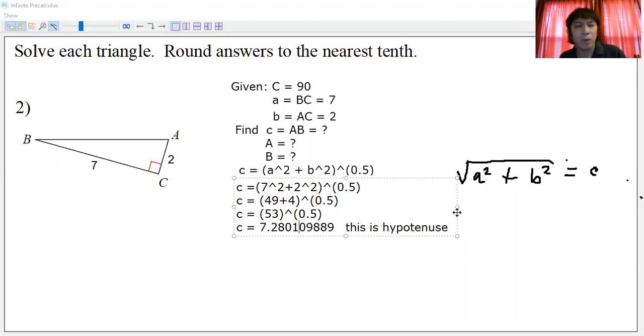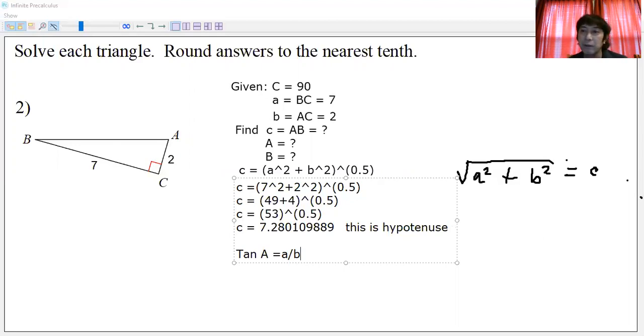All right, so we can now determine the angles. We have to start with, say, angle A. So this is tangent of angle A is equal to A over B. This is the formula.